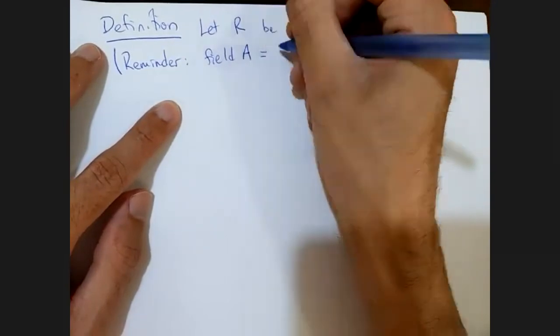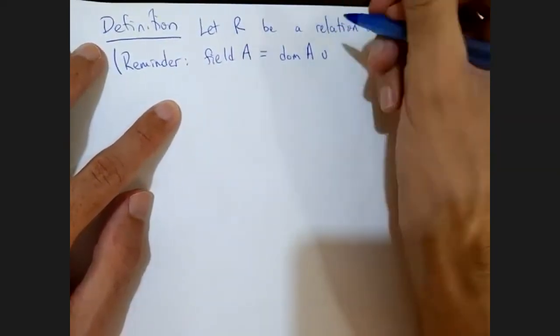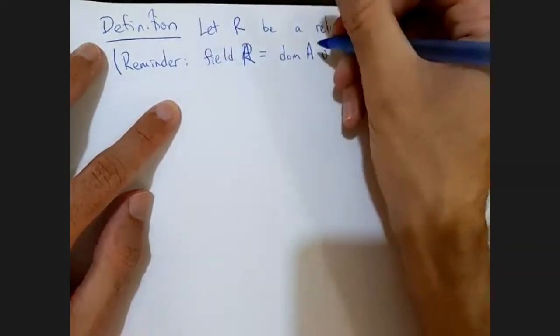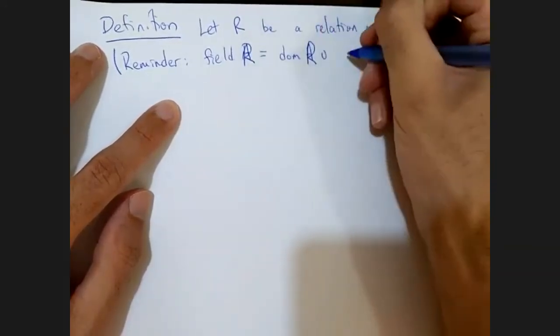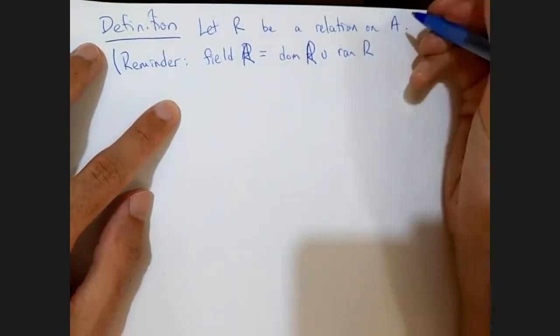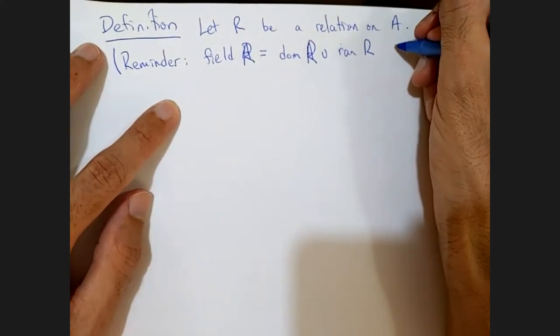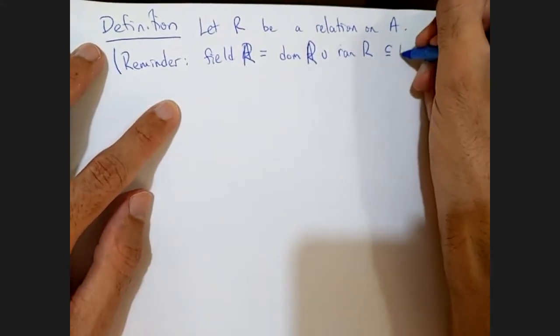The field of R is just the domain of R union with the range of R. And being a relation on A just means that the domain union the range is a subset of A.